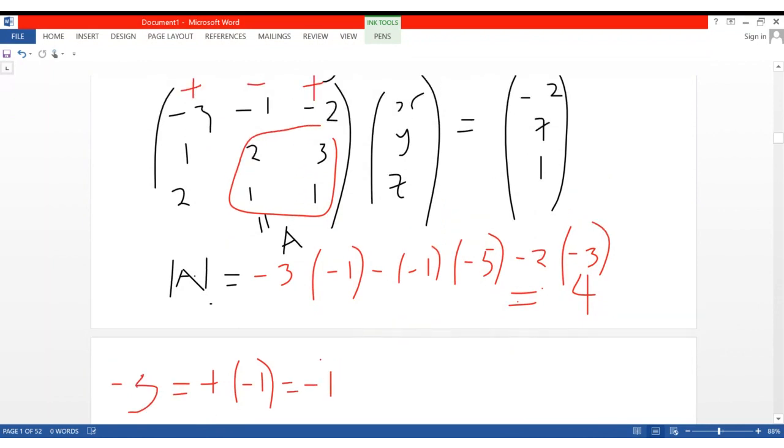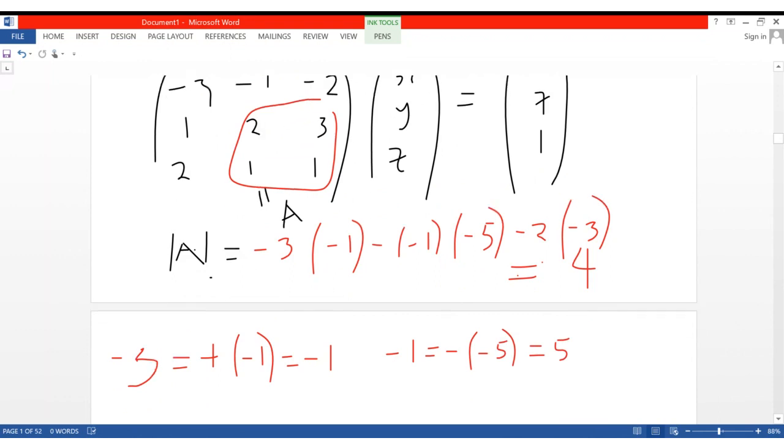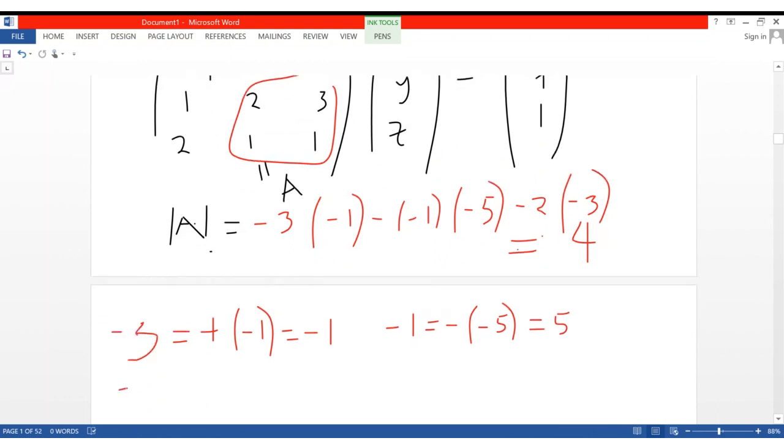I go to the next element, which is negative 1. Here the sign is negative. When you block 1 times 1, that is 1. 1 minus 6, get negative 5. But because the sign is negative, I'll get 5. I'll go to element negative 2.